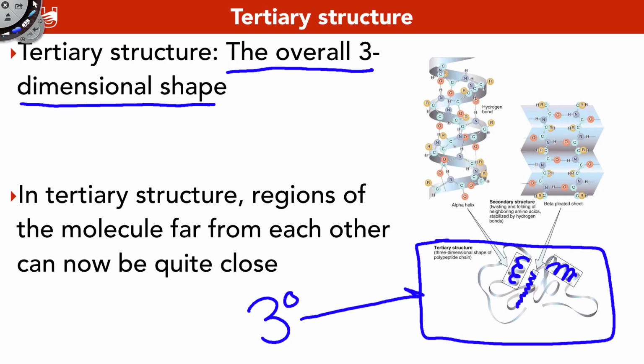So the entire thing, all the coils and runs and beta pleated sheets and everything combined in one big large molecule, we describe that as the tertiary structure of a protein.